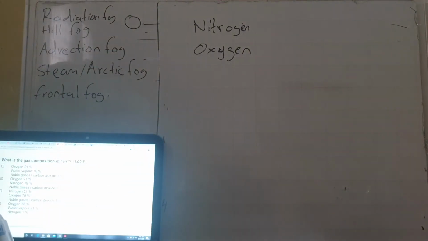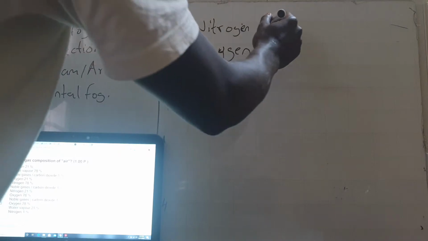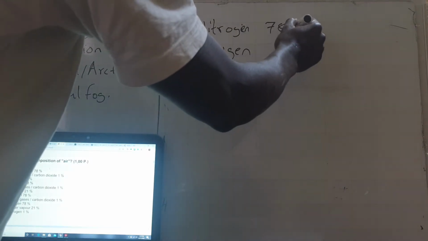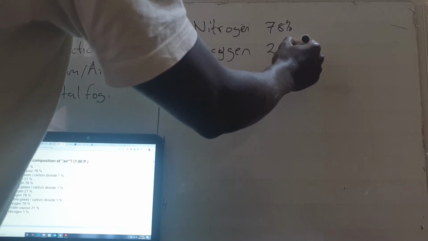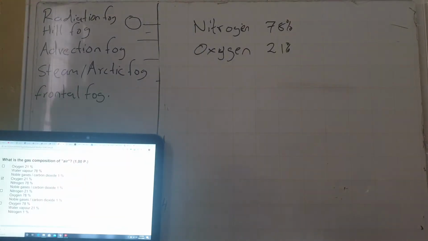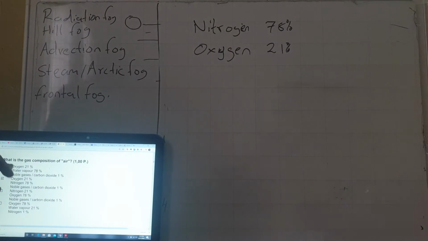Just by looking at the choices, you know which one it is. So we take nitrogen to be 78%, and oxygen is approximately 21%. There's only one answer that gives you that, and that is the answer.